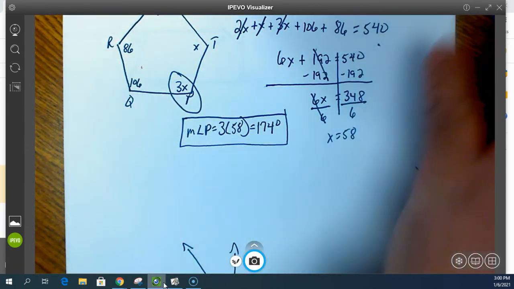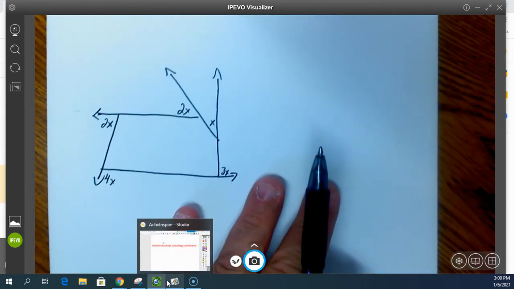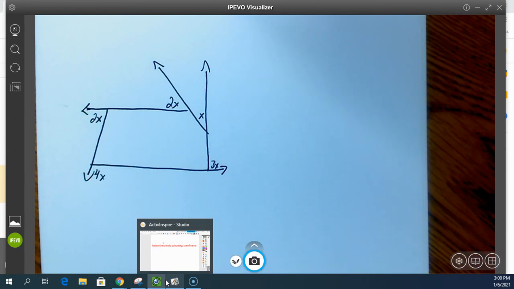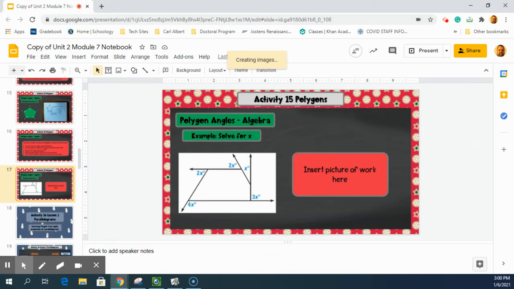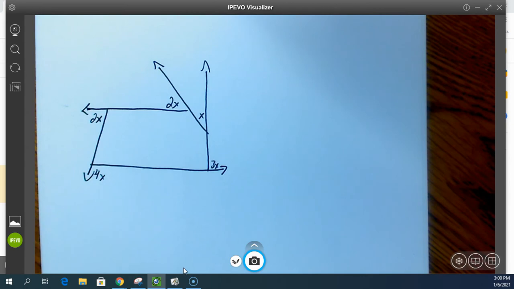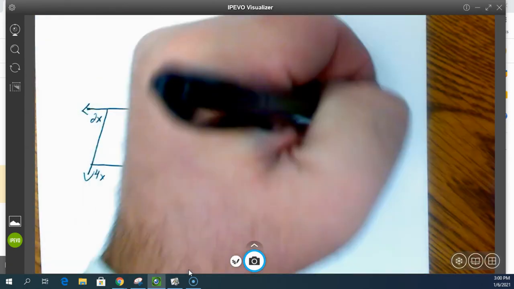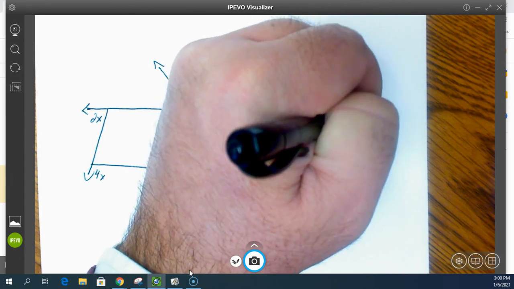Take a minute, pause the video, and draw this polygon. Okay, draw this polygon. Okay, so this time it's going to be equal to 360.